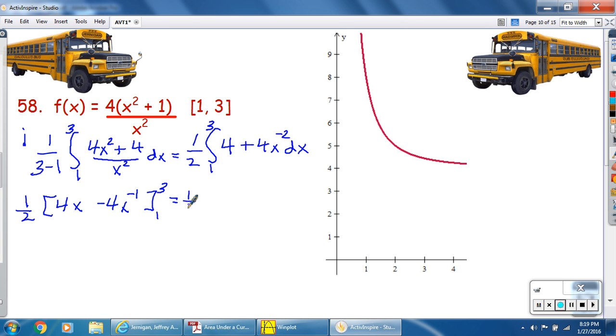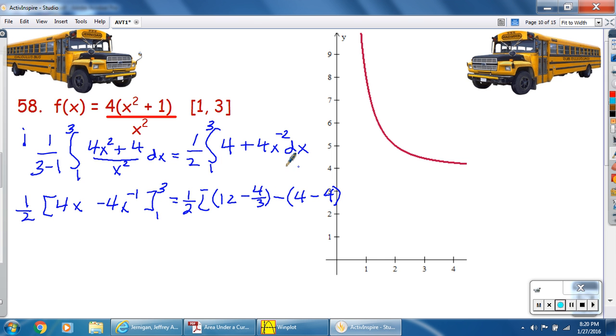So 1/2 of, I'm going to put in the upper bound of 3, so 4 times 3 is 12, minus, now that x to the -1 is going to go to the denominator, so that's 4/3, upper bound minus lower bound, so that would give me 4 minus 4 over 1, which is 4.